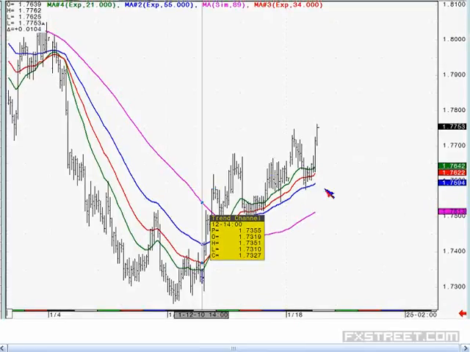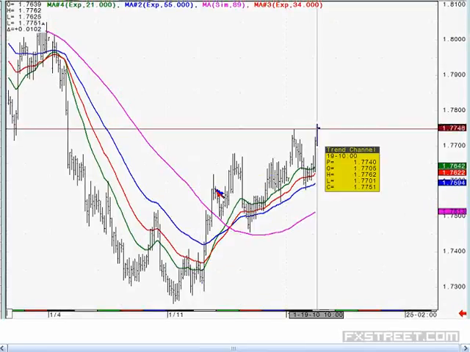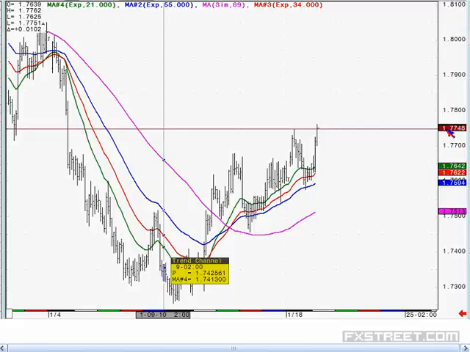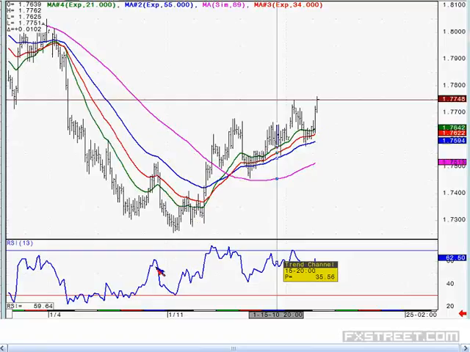This is a 2-hour chart on the pound Aussie. It has already breached the previous high, which is 177.45, or it is just trying to breach that level, right? If you notice, this is the RSI, which also has more room to go higher.